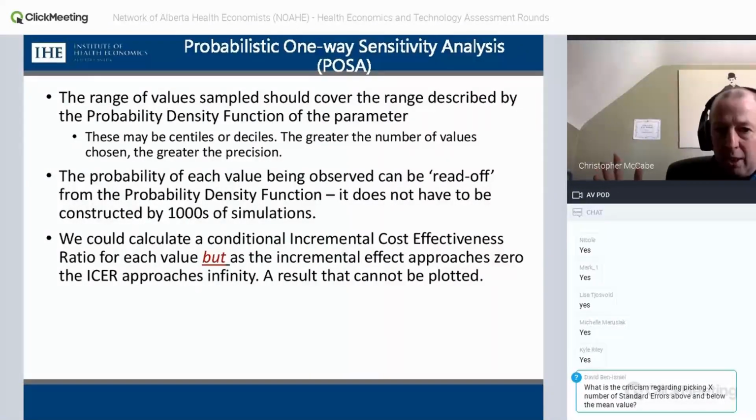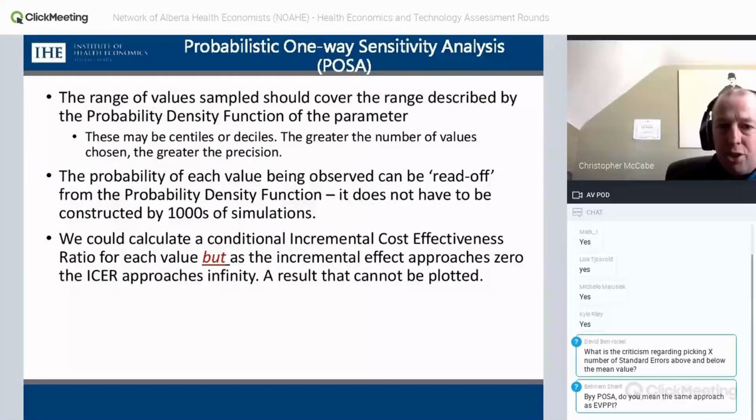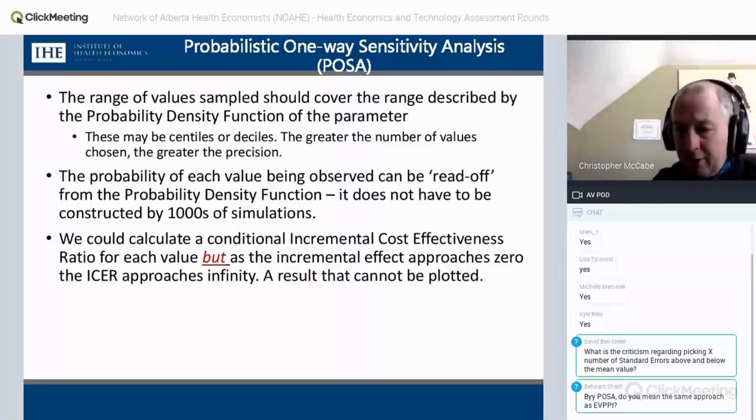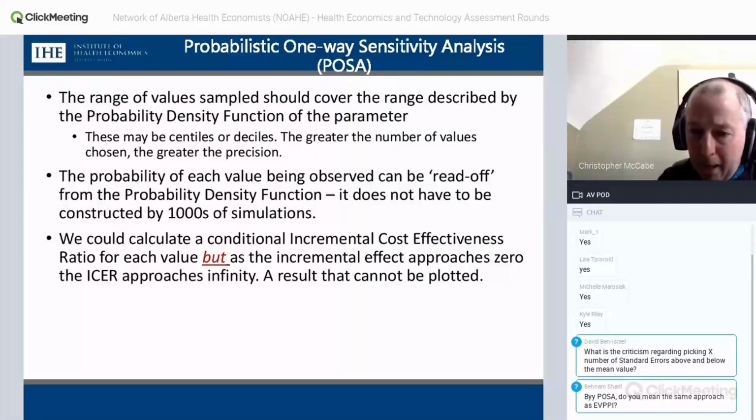We don't have to do the thousands of outer loop values that the conventional expected value of perfect parameter information requires. Benham Sharif, I apologize if I've pronounced your name incorrectly, has asked, by POSA, do you mean the same approach as EVPPI?